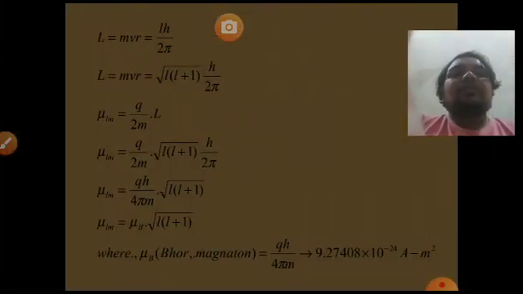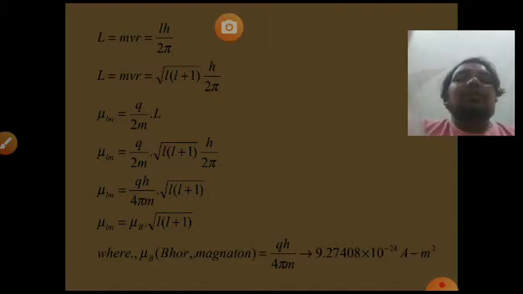L is equal to m v r, that is equal to L h by 2 pi, which is the square root of l into (l plus 1) times h by 2 pi. Mu L m is equal to Q by 2m into L. Mu L m is equal to Q by 2m into the square root of l(l plus 1) h by 2 pi, that is mu L m is equal to Q h by 4 pi m times the square root of l(l plus 1).